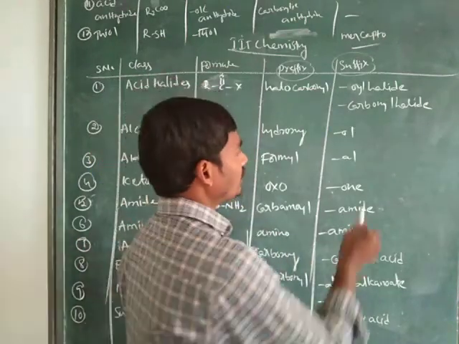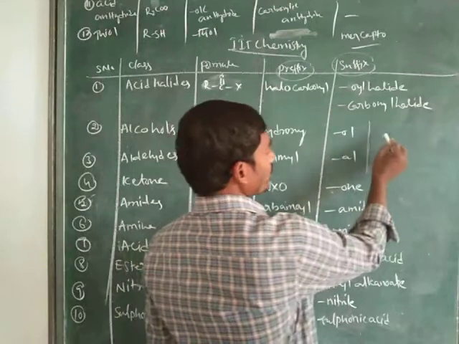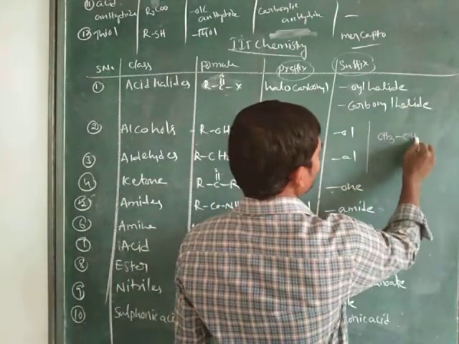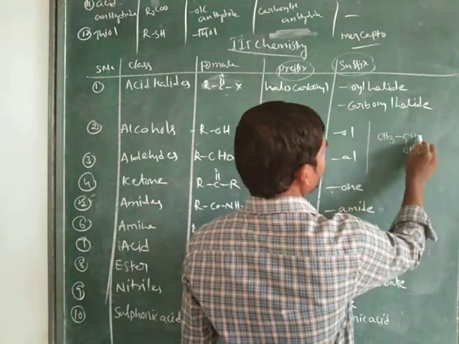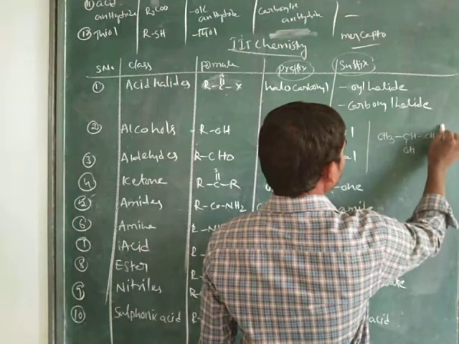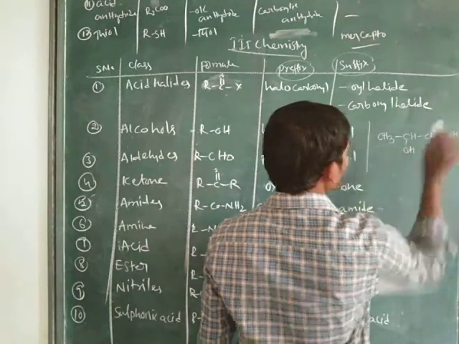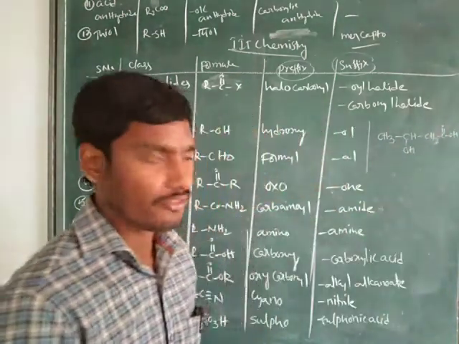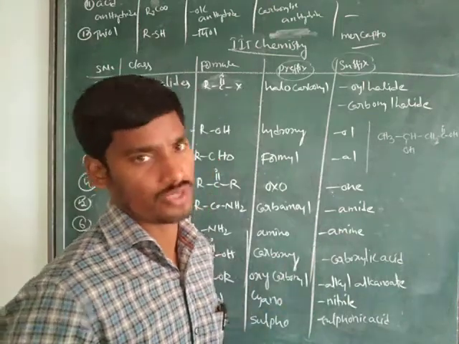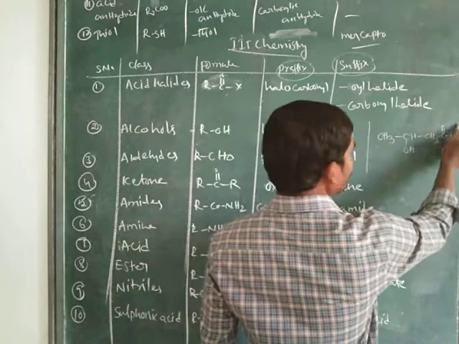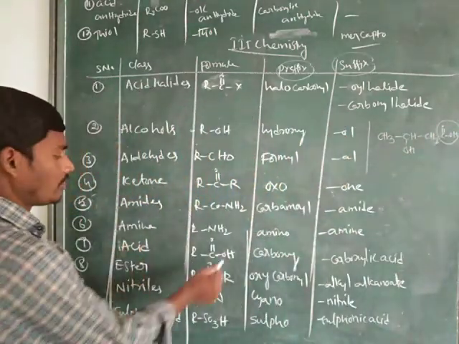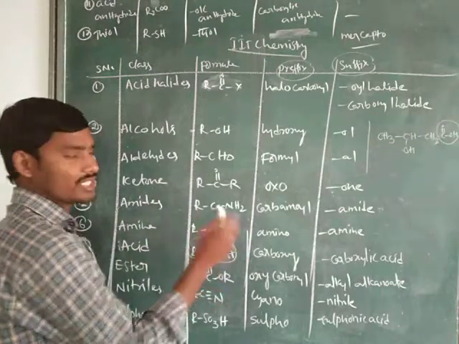For example, I will give one formula here, CH3, CHOH, and here CH2, C double bond OH. Right children? When we observe this example, there are two functional groups. One is COOH. COOH is the acid functional group, RCOOH.